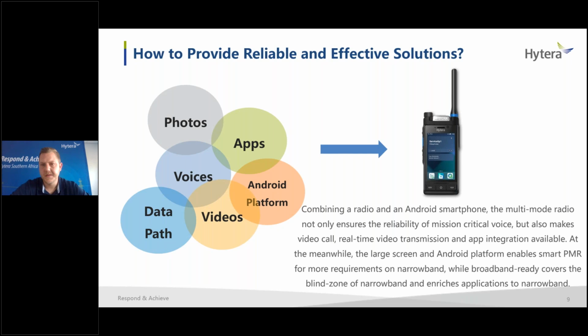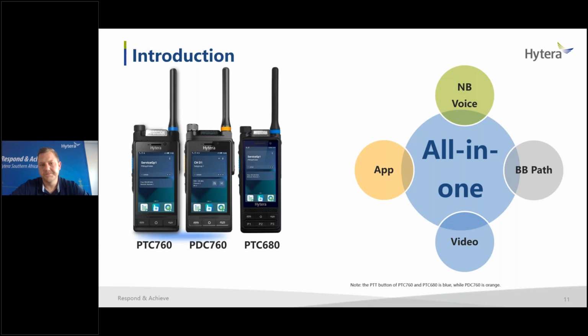Okay, so I'm going to introduce the models that we have. You'll see on the left-hand side, we've got what we call a PTC 760 and a PDC 760. The difference between these two is the P stands for portable, the T is for Tetra, the D stands for DMR, the C is for cellular, and the 7 is the series.